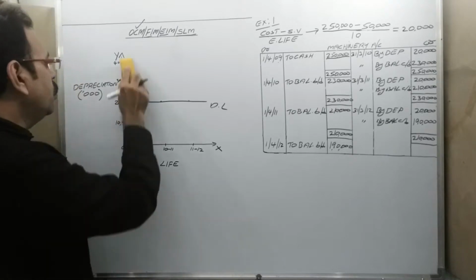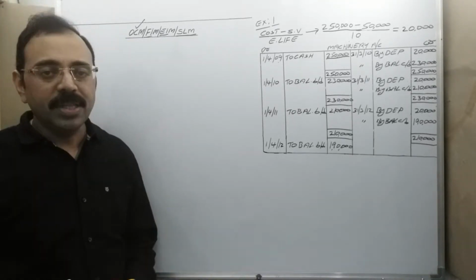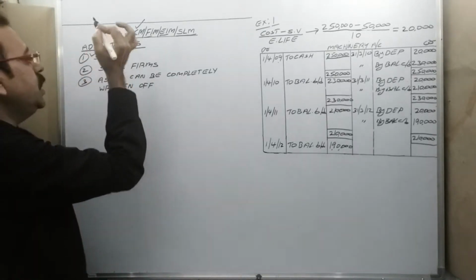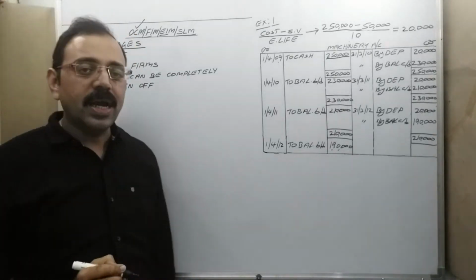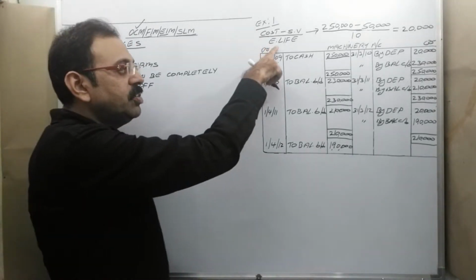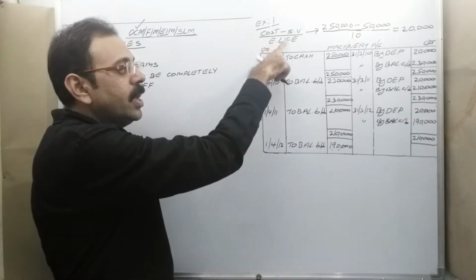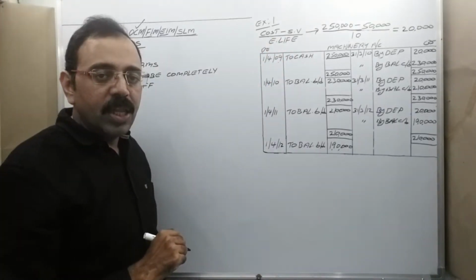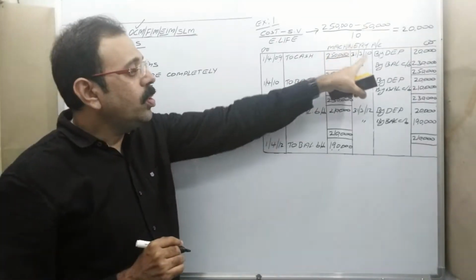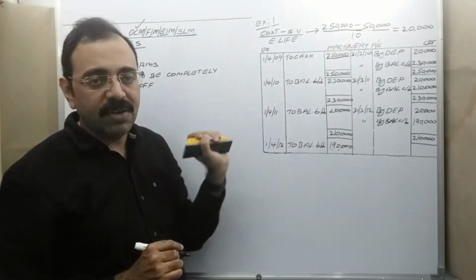Okay? Now, let us see the advantages of this method. First advantage is, this method is simple to understand and simple to calculate. See the annual depreciation formula? Cost of the asset minus scrap value by estimated life. There are no complicated calculations here. And only in first year, if you calculate the annual depreciation, that is enough.